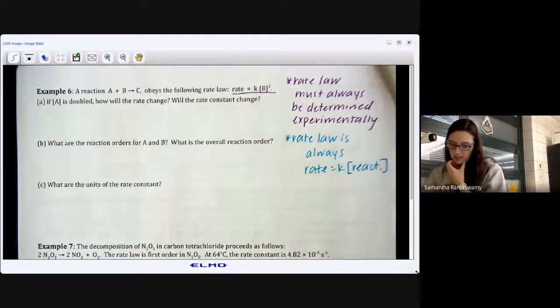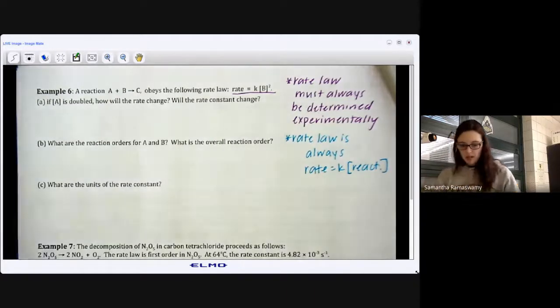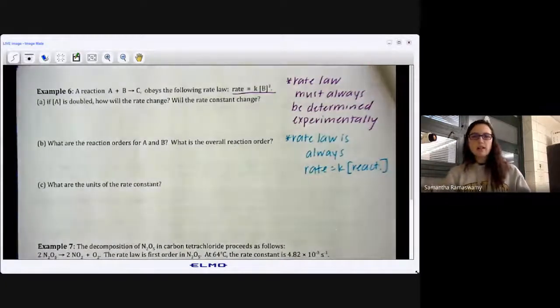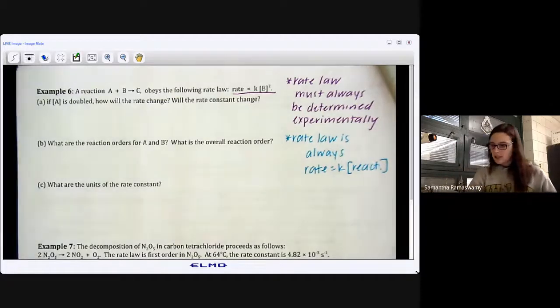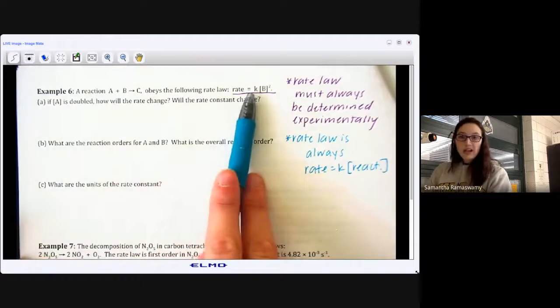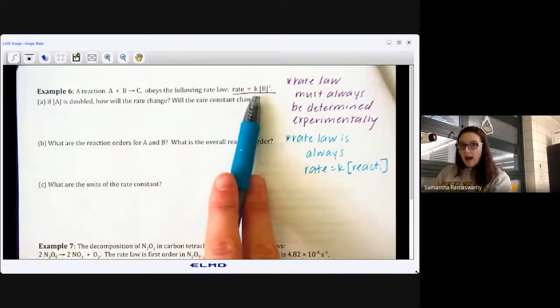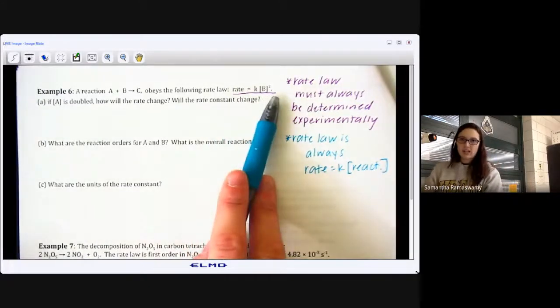So if we take a look at this, it says if the concentration of A is doubled, how will the rate change? And will the rate constant change? What I want us to look at is this rate law. It tells us how the rate changes based on the reactant concentration.